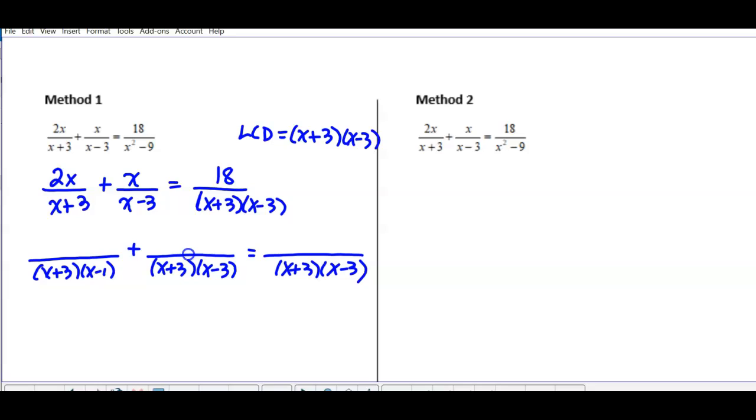Alright, so this method, a lot of writing when you have to find that common denominator. Now really here we have to multiply by x minus 1 to get that common denominator.